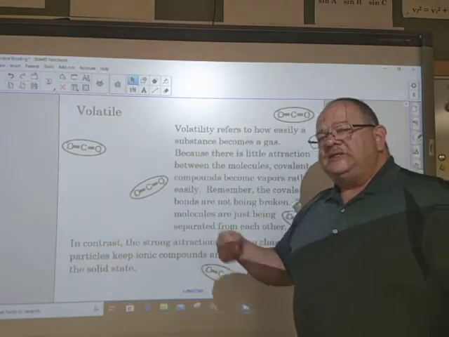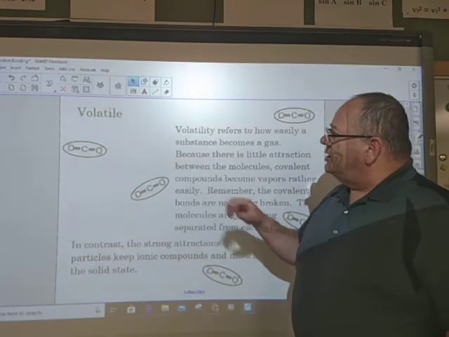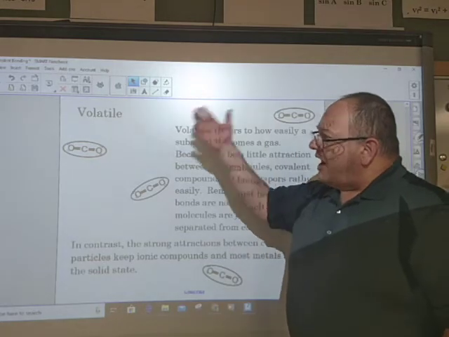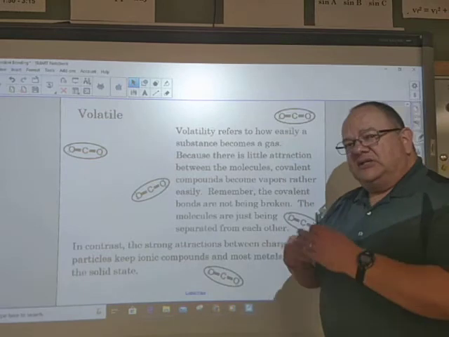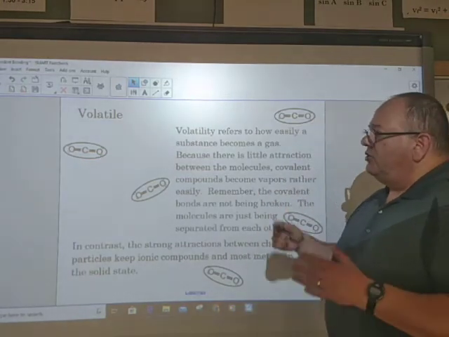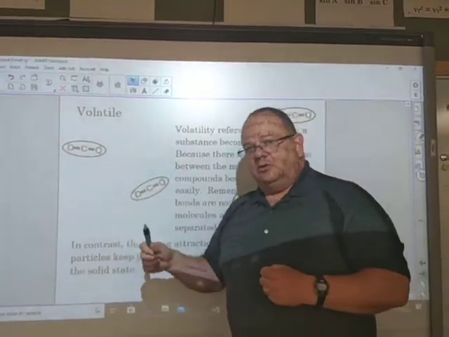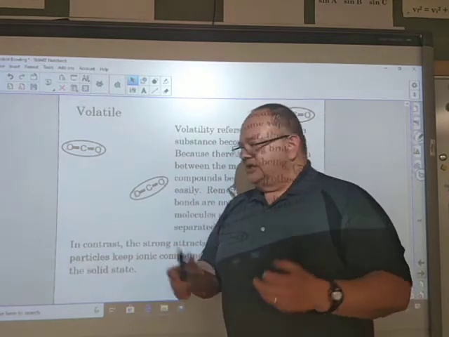If we take it one step further, we've got a property called volatility. To be volatile, or a property of volatility, refers to how easily a substance can become a gas. And so, because these molecules have little attraction for each other, not only can they melt easy, but they can go into the gas state very easy.